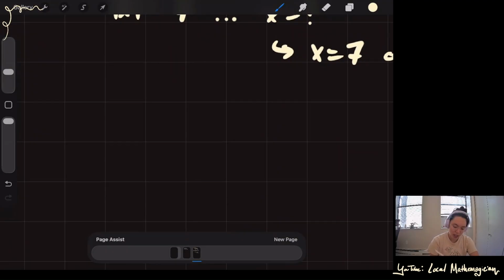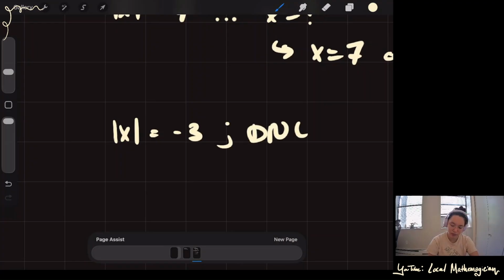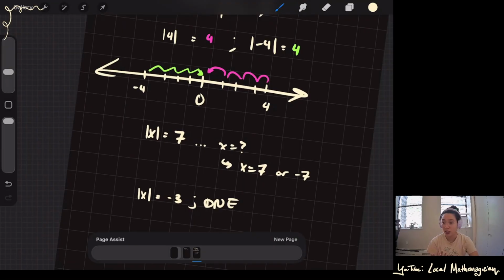And now, what if I ask, if the absolute value of some number is equal to -3, what could x be? Joke's on all of us, doesn't exist. Because distance can't be negative. So you can't have an absolute value that spits out a negative.